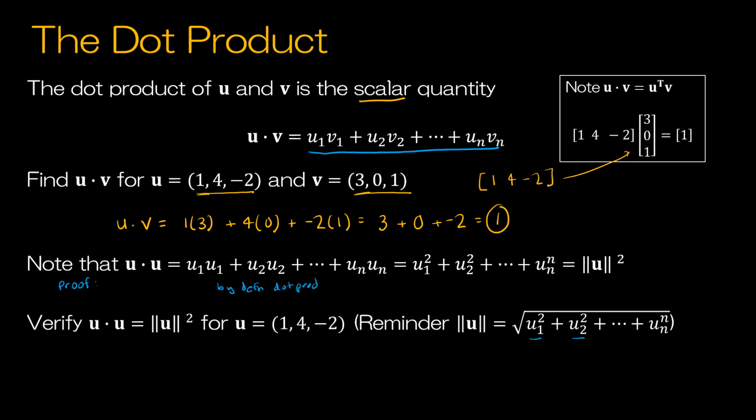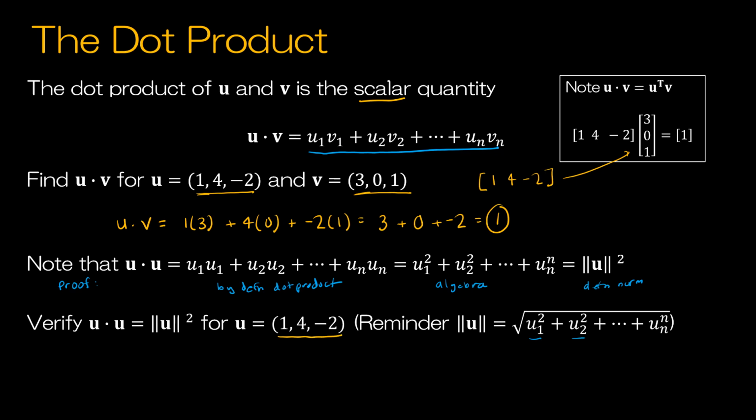And then I would say, and this is basically algebra. And then I would say this is definition of norm, and so forth. So that's more of a proof, but let's go ahead and just verify it for this u vector of 1, 4, negative 2.